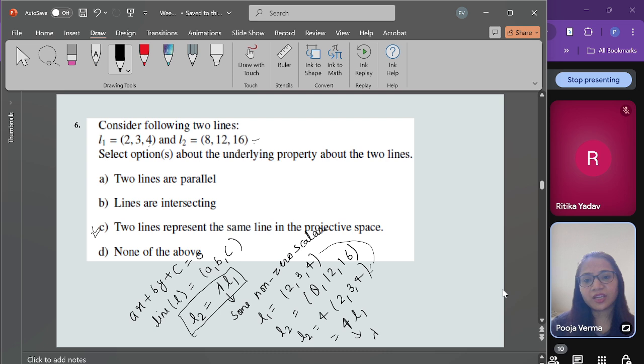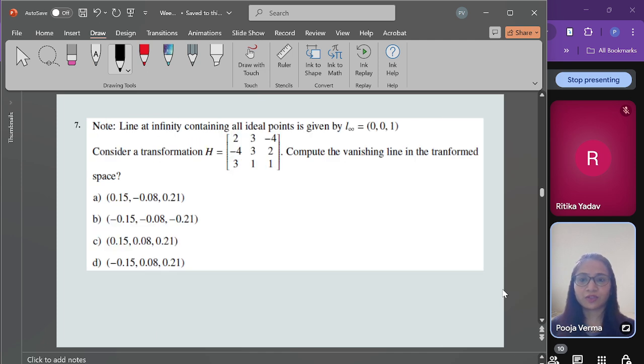If they are at infinity, in that case, if it is zero, that means they are at the infinite value. Yeah, they will intersect at a point, any one point. Okay, so can we move to the next question? Yes, ma'am.